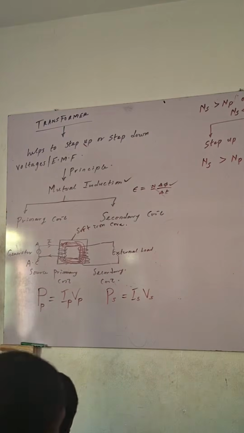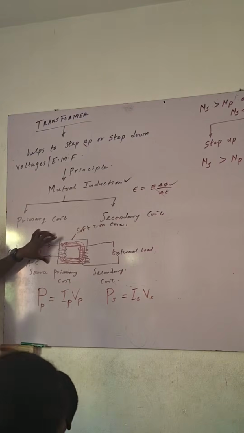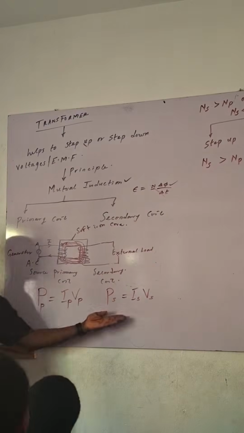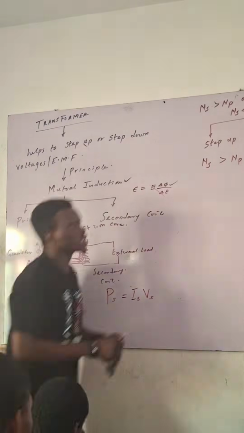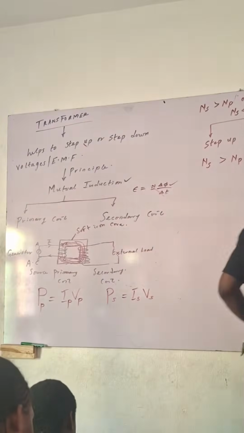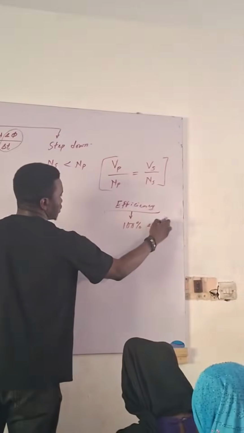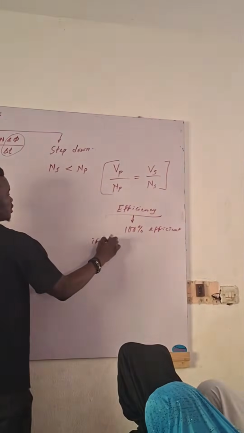I hope you are following. Now, if this power from primary equals the power that is coming out in secondary, then you will say it is efficient. So a transformer is said to be 100% efficient if there is no power loss.